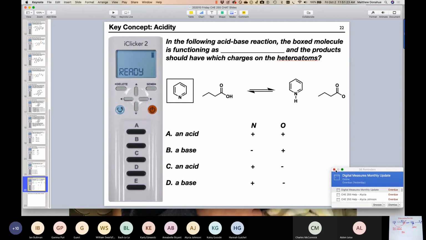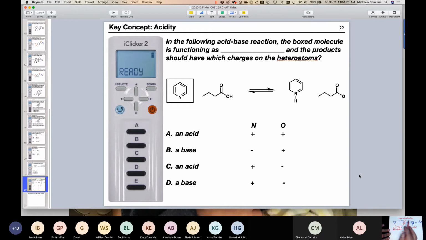So acid-base reactions are a subset of reactions. We will use the arrow pushing formalism in all our reaction mechanisms. So it's important to know that the base does the job of abstracting, the acid does the job of donating.